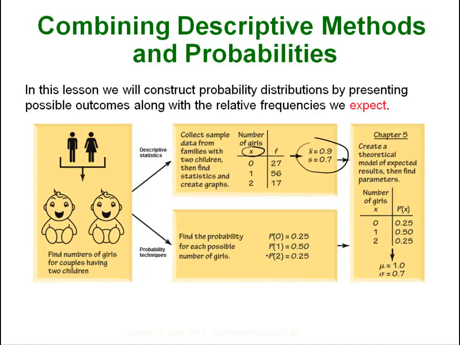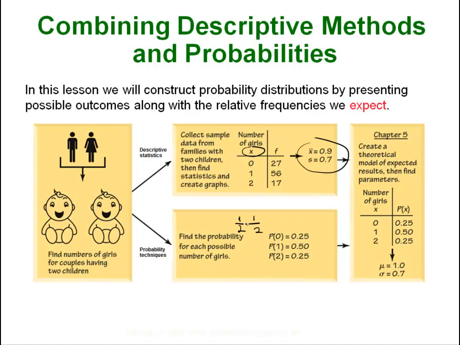And then down here we can actually figure out the probability of each, the probability of having no girls, 1 or 2 in 2 births. And that would be a very simple technique of 1 out of 2 and 1 out of 2.